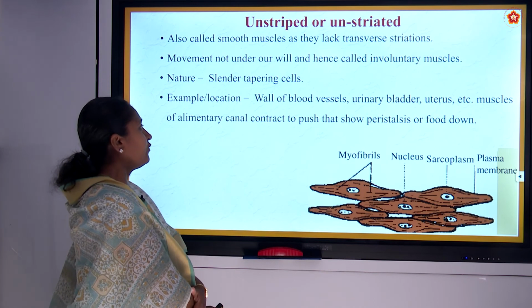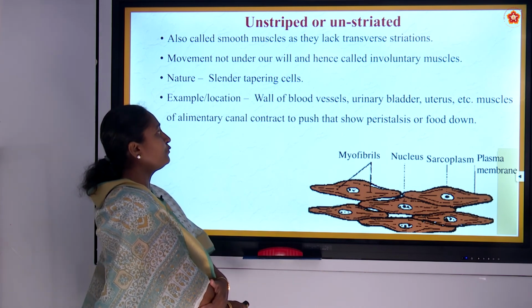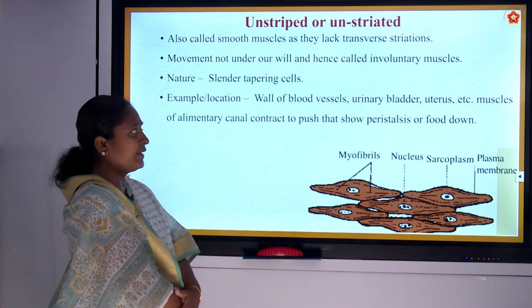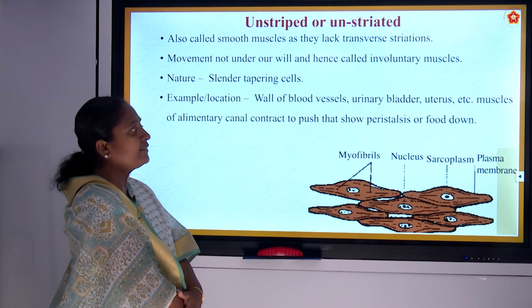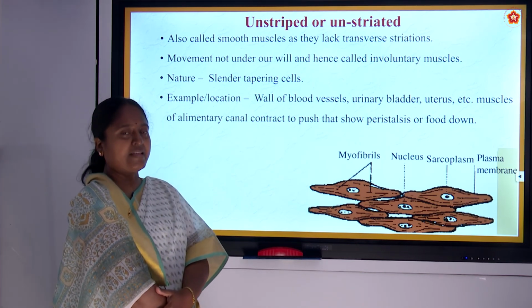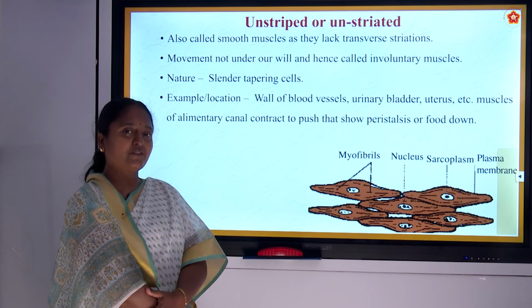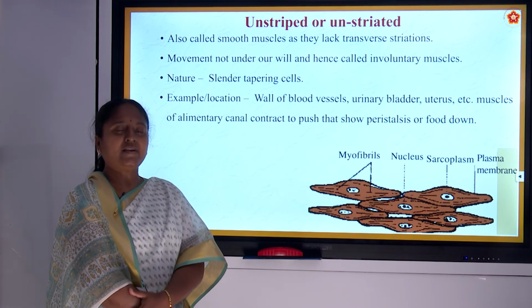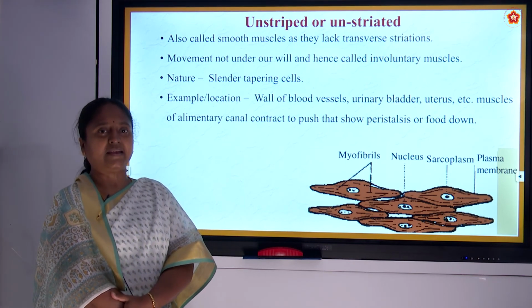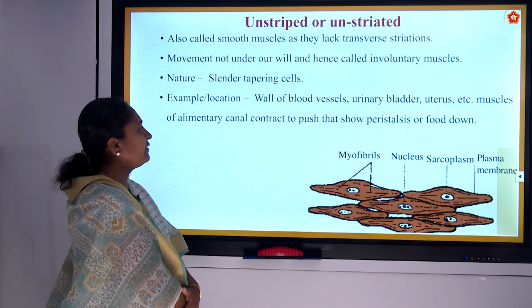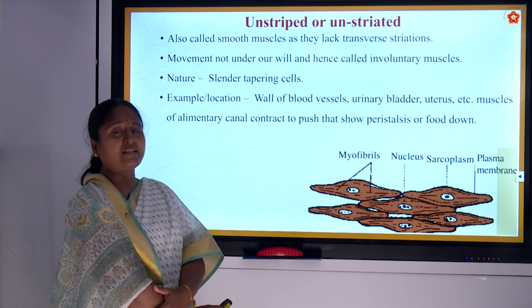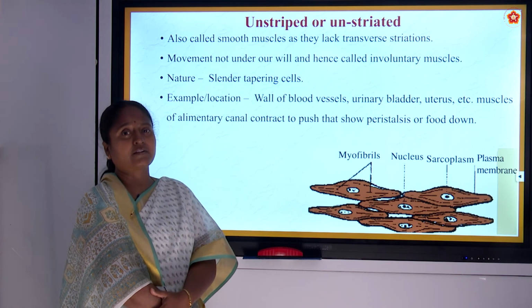So this kind of push which is happening to the food in the alimentary canal is known as peristaltic movement. Okay, this peristaltic movement is always in one direction, pushing towards the rectum and anus. Sometimes if there is any problem, we will vomit. That is also not under our control, right?